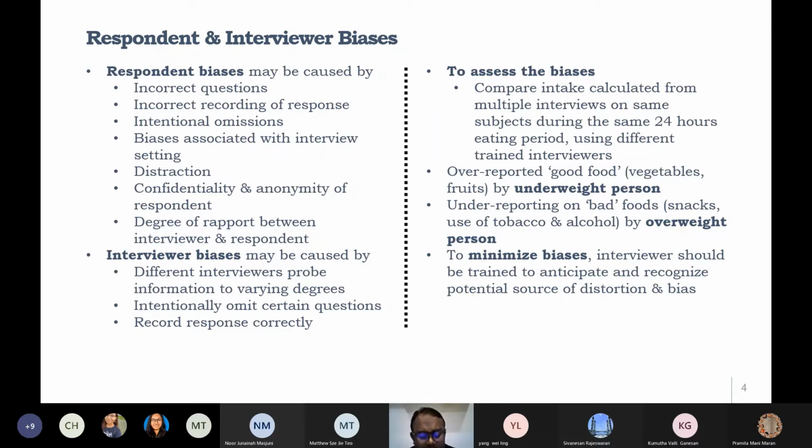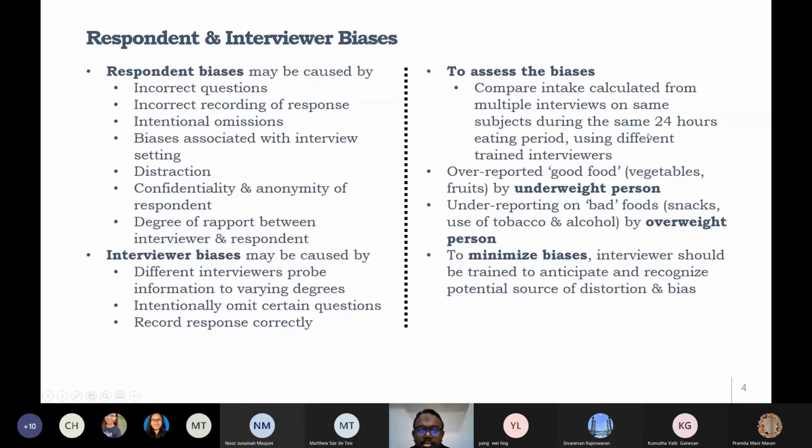And then they intentionally omit certain questions, so maybe they are in a hurry, or they assume that the respondent is not consuming that type of food. And finally, recording responses incorrectly. Okay, so there will be some errors when they record the responses from the respondents.